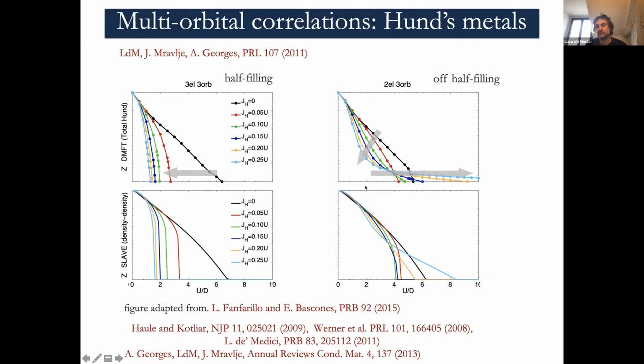First, this is a comparison between the two techniques in the 3-orbital case. It's well known that, I mean, it should be clear, DMFT is more accurate in general. Slave spins is a cheaper, simpler approximation, which, however, gets more and more accurate with rising number of orbitals.